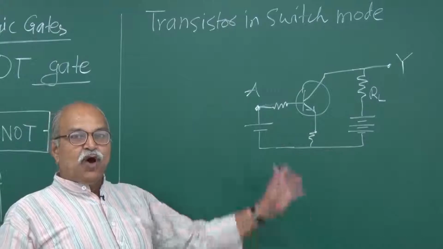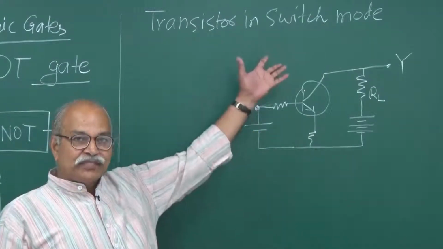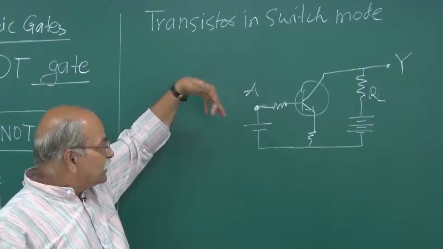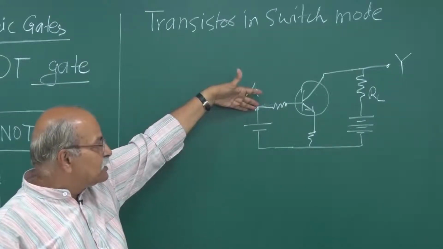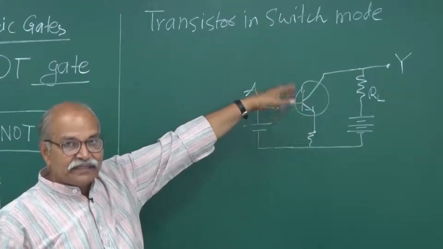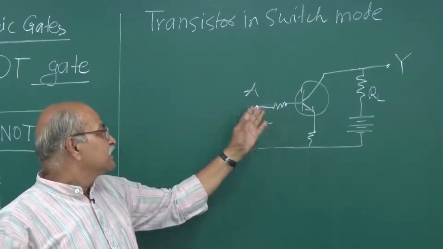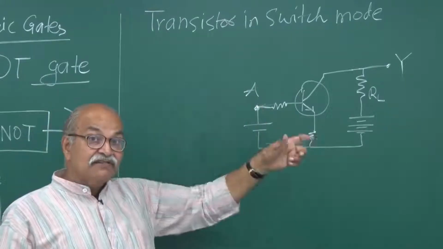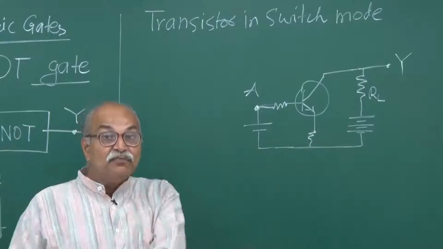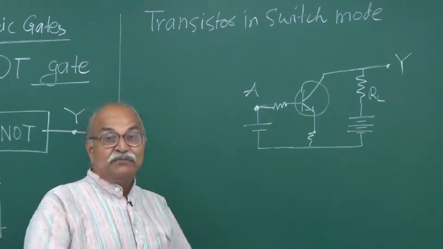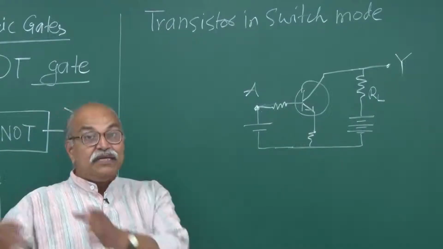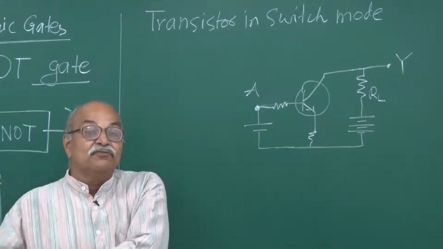So if you operate it as a switch, that means this voltage is given high. Suppose you give 5 volts here, then this base emitter junction is forward biased, and this is sufficient to drive the transistor in saturation mode. You have cutoff mode, you have saturation mode, and in between you have the active mode, the linear region. So be in saturation mode or in cutoff mode.